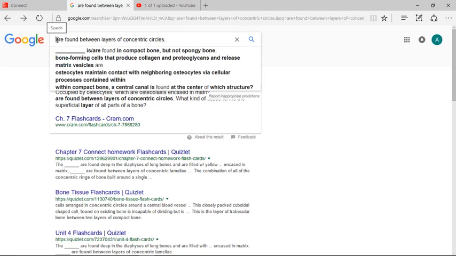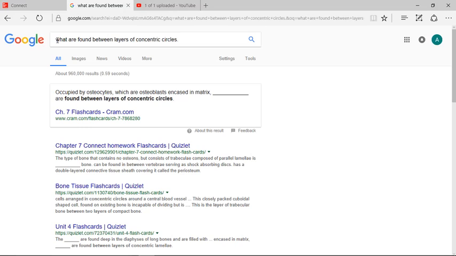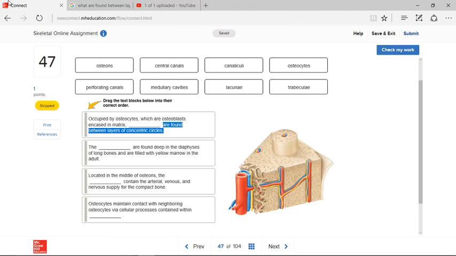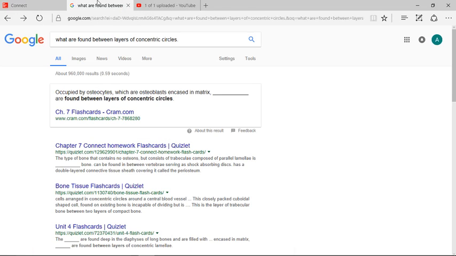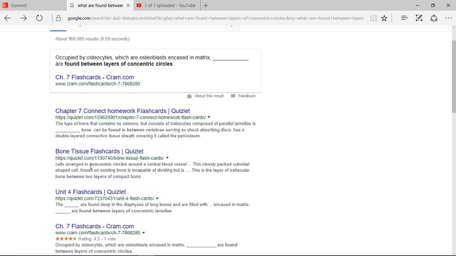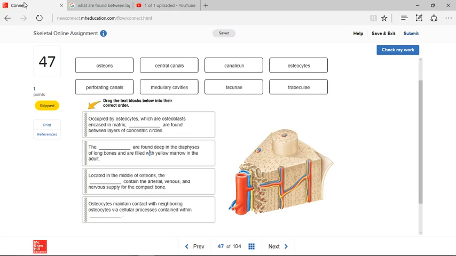It basically just asked that in a question. Looks like this is going to be a quick one to end on. We're going to come right back to that.